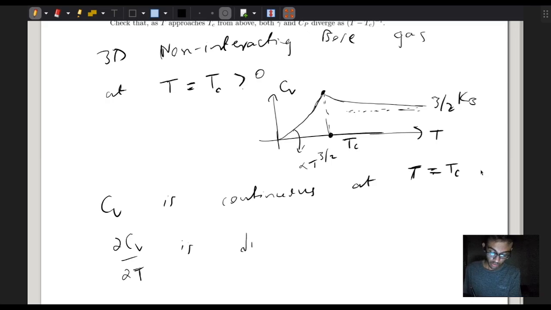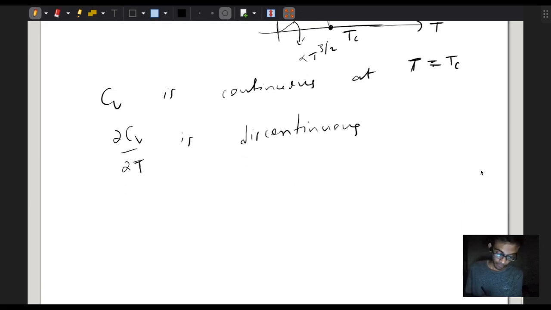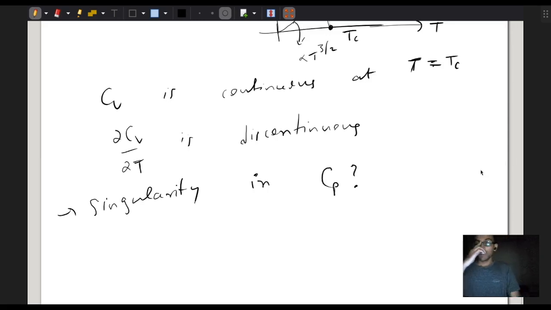This is a singularity. What about the singularity in Cp? This is what we will be trying to find in this problem.